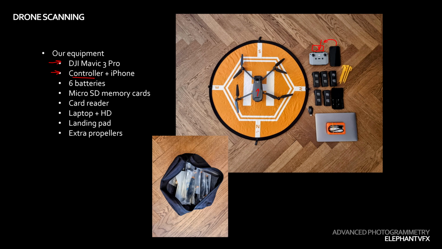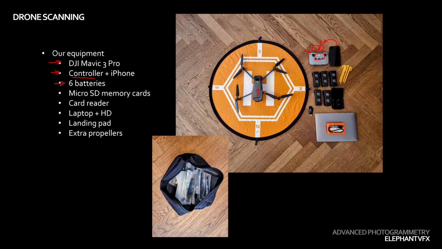There are other controllers that might be, well, I wouldn't say better, but they look cooler because they have a screen in the controller and they look much more sci-fi. I actually prefer this one because the battery lasts longer because it doesn't have a screen. You use your iPhone.